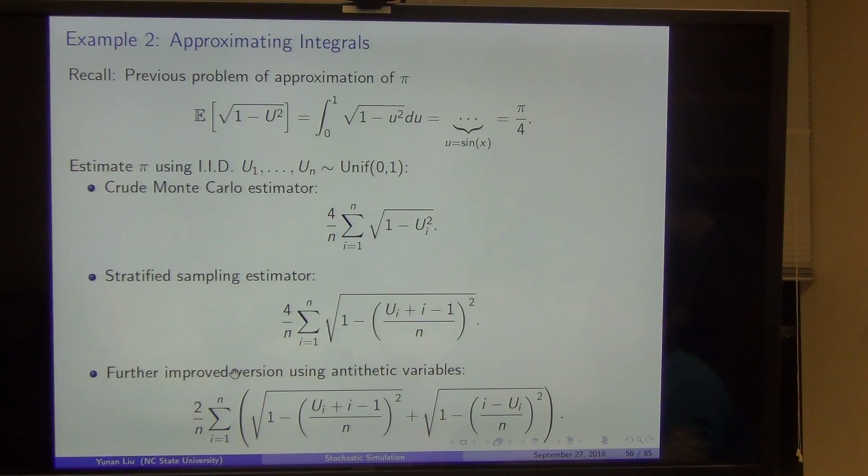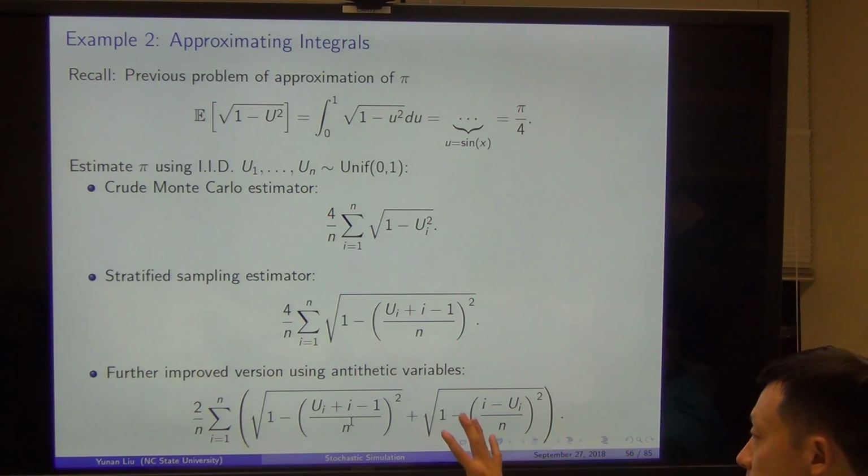Further improvement can be achieved using antithetic variables, right? This is one estimator, and why don't I just average this guy with its complement. By complement, I mean replacing U_i by 1 minus U_i, right? If I replace U_i by 1 minus U_i, I cancel out with the 1, I have 1 minus U_i.